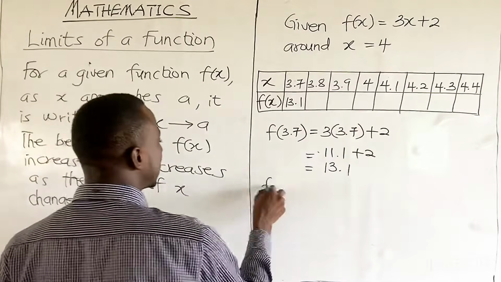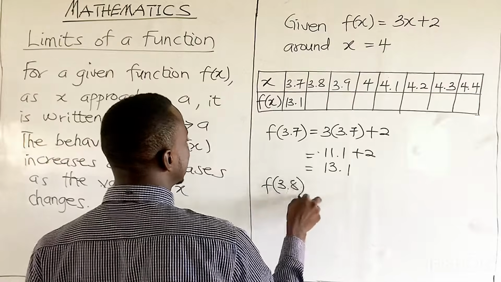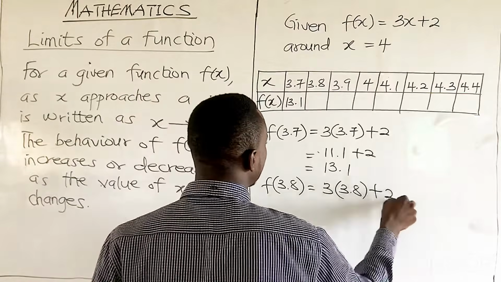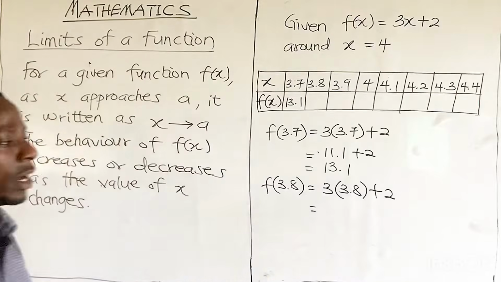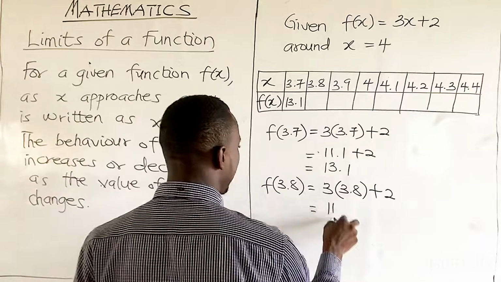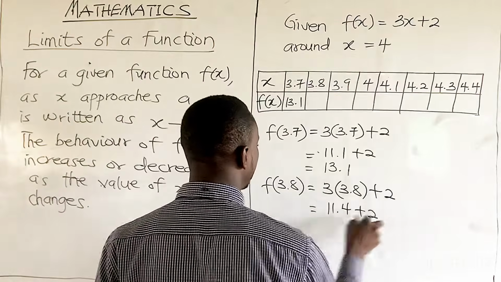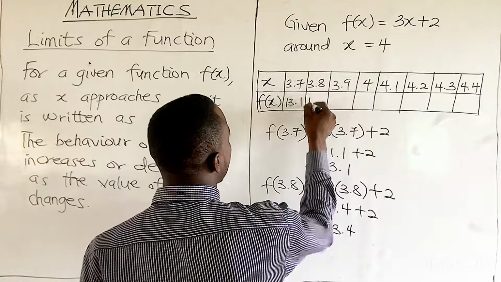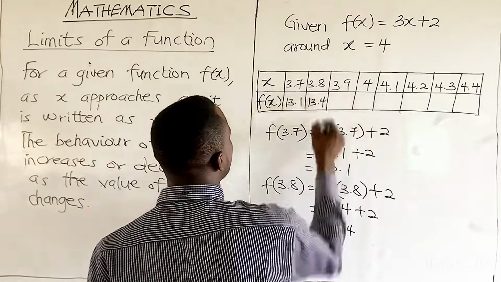Now let's substitute 3.8. We have 3 multiplying 3.8 plus 2. When 3 multiplies 3.8, we have 11.4, plus 2, and we get 13.4.